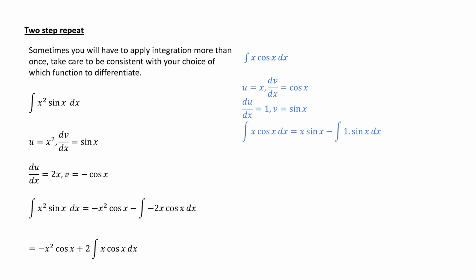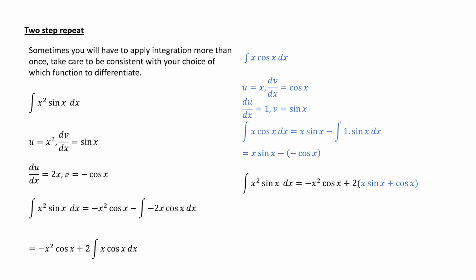And I needn't put the 1 times there, I'm just doing it for completeness at this stage. So I could just actually write sine x if I chose, and the integral of sine x is minus cos x. I've been there before, done it again. So I've got x sine x minus minus cos x, and I could go straight in there, right? That's plus cos x if I wanted to, but I'm just being precise.